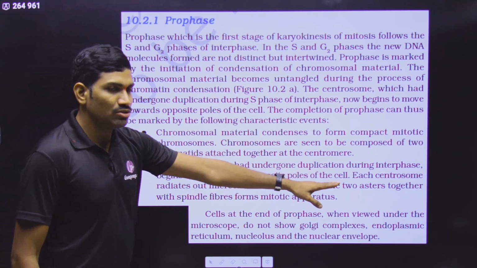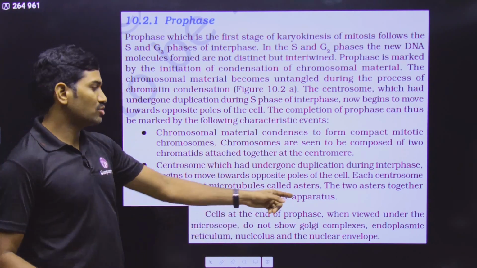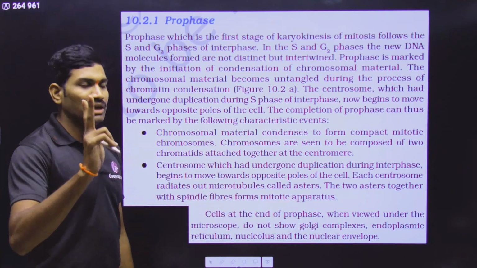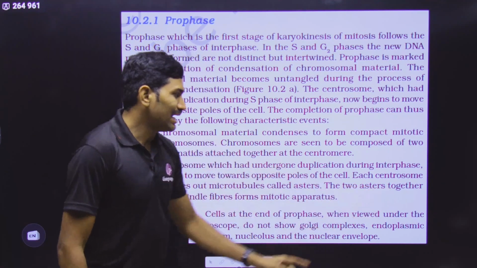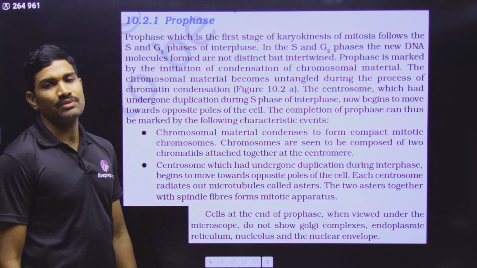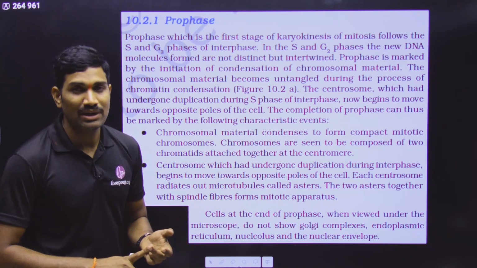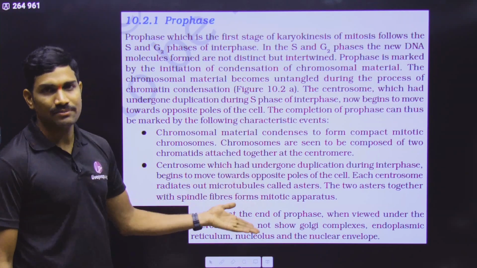So these centrosomes are giving out the microtubules. So centrosome with the microtubules is called as asters. In this way, two asters are present. Next one, the two asters together with spindle fibers, they will form the mitotic apparatus. So spindle poles plus spindle fibers is called spindle apparatus or mitotic apparatus. That's what they are saying.